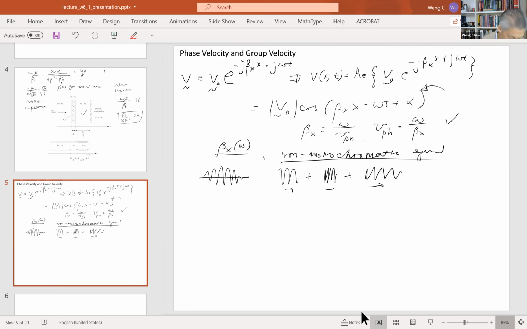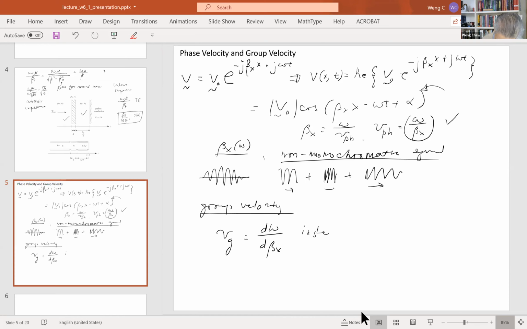And I can give away the answer because you probably have learned this in your undergraduate course before. The group velocity is d omega d beta x instead of just that, okay?